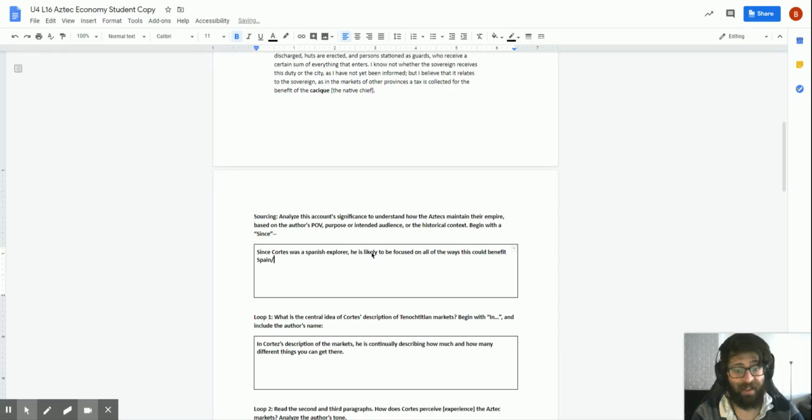The idea here is he's sent to try to make them wealthier. That's the whole point, is he's given a contract to go and try to get them goods and money and gold and all these things. He gets a portion of whatever he gets. So he wants to be successful. He wants to take all this stuff and give it to Spain. He is likely to be favorable towards Spain.